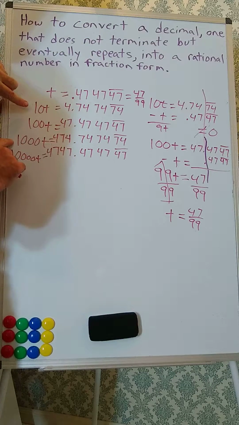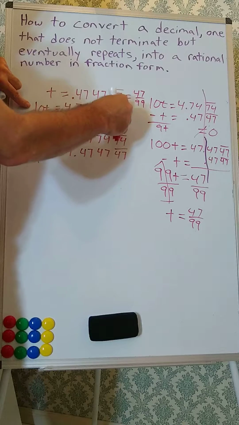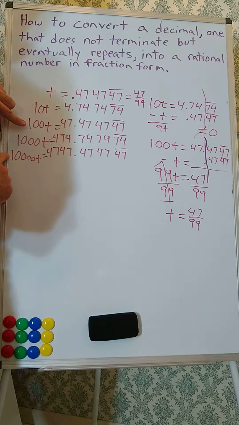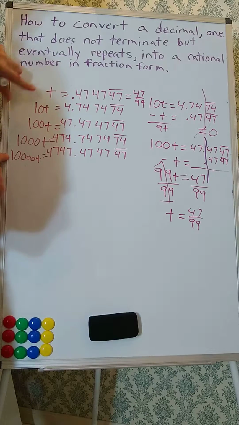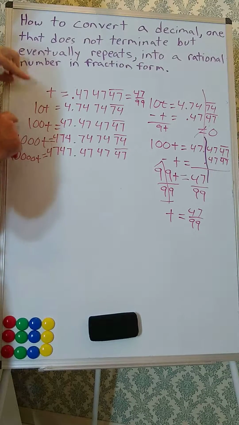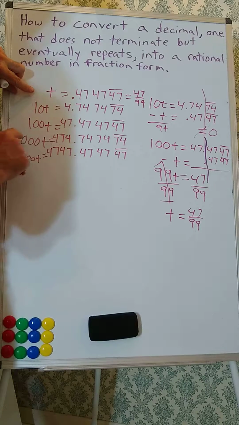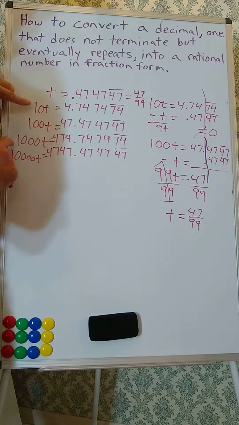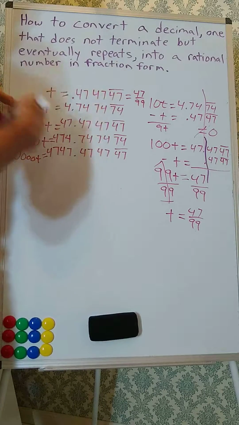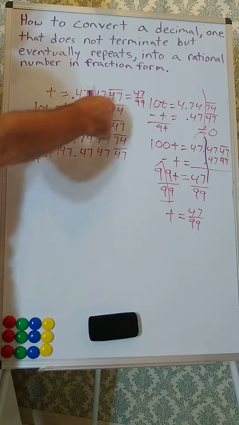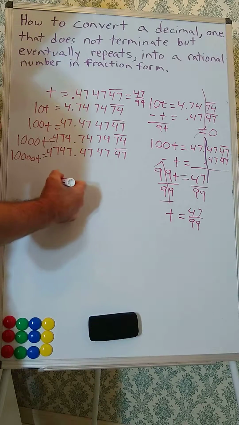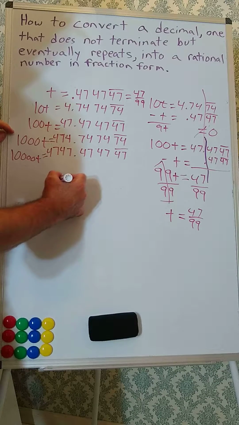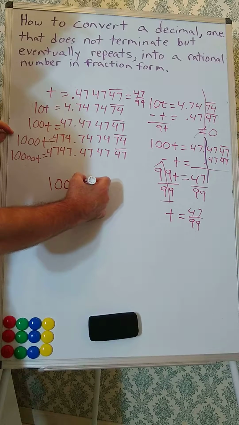We also see 1000t and 10t have the same repeating part, and 10,000t and 100t do, as well as t. So I could have used 10,000t and t, or 10,000t and 100t. You could also use 1000t and 10t. I'm going to go through this one quickly, again emphasizing the idea that you need to eliminate the repeating part. And I apologize for making this video longer, but I think it illustrates that point.